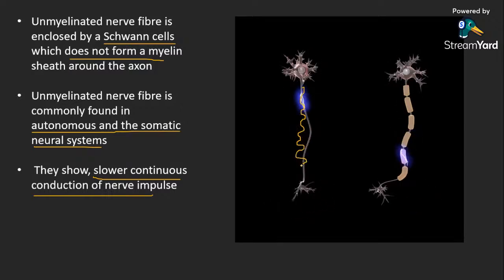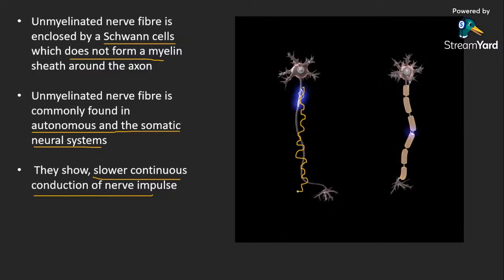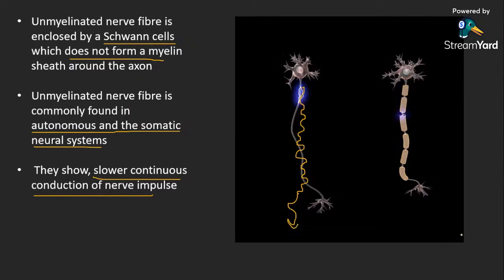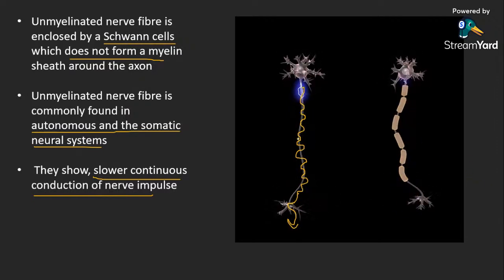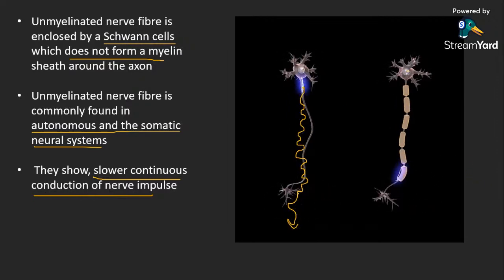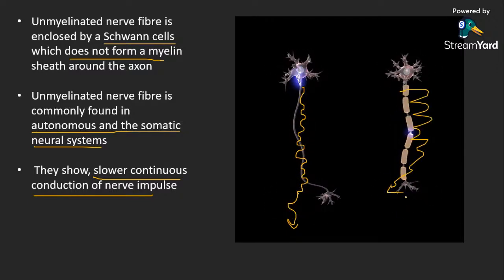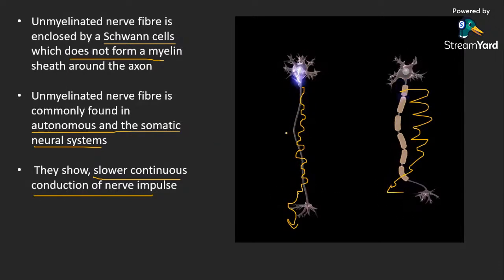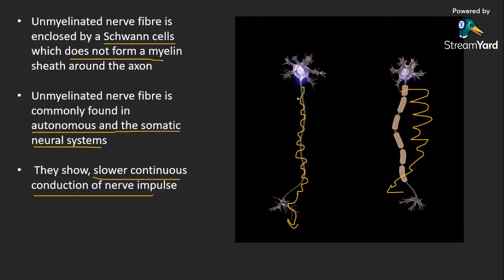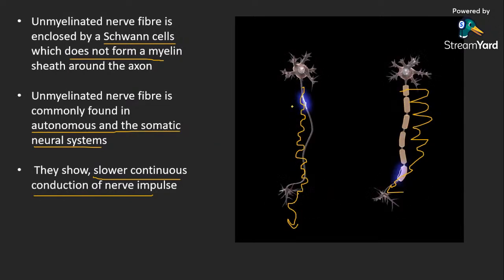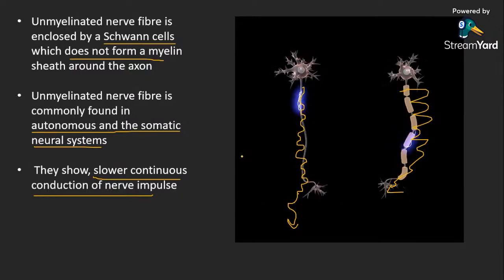Very slowly they are going to pass. So which is faster in action? Myelinated. If myelin is present, they will show jumping or saltatory conduction, whereas in non-myelinated nerve fiber, you will find a very slow action.